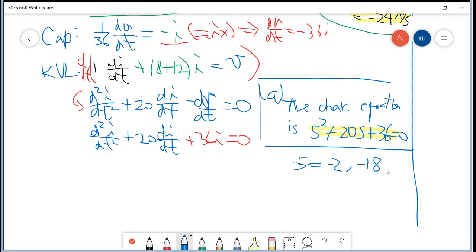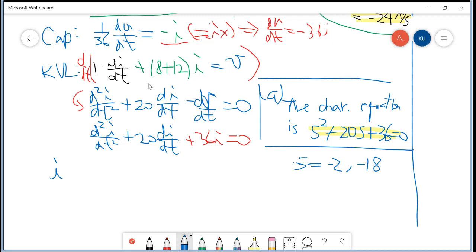Minus 2 plus minus 18 is minus 20, and multiplied together is 36. So we have these two roots, two distinct real roots. In this case, there's only the complementary solution because there's no external force. For t larger than 0, the voltage source is turned off.